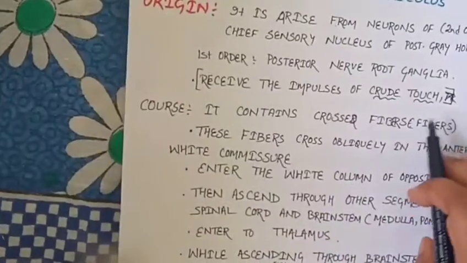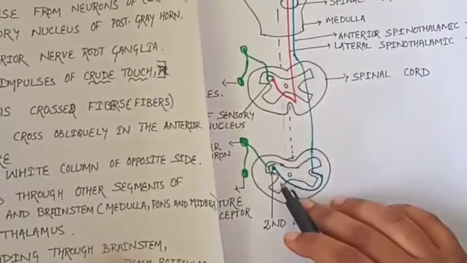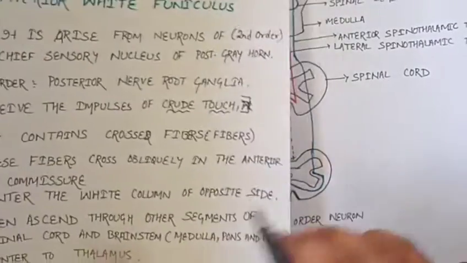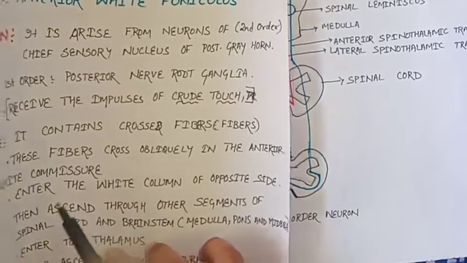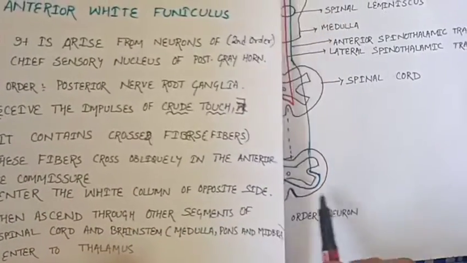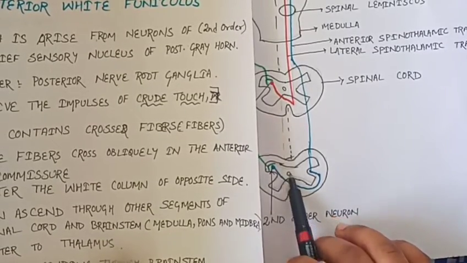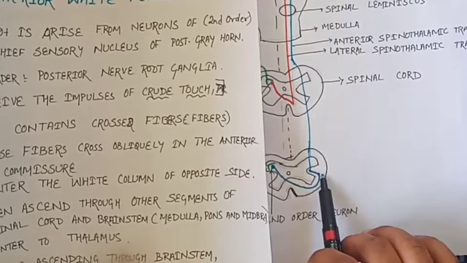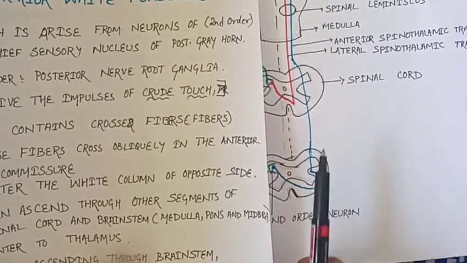Understand? Then this fiber crosses. Here you can see this fiber crosses obliquely in the anterior white commissure. They cross obliquely and enter the anterior white commissure.